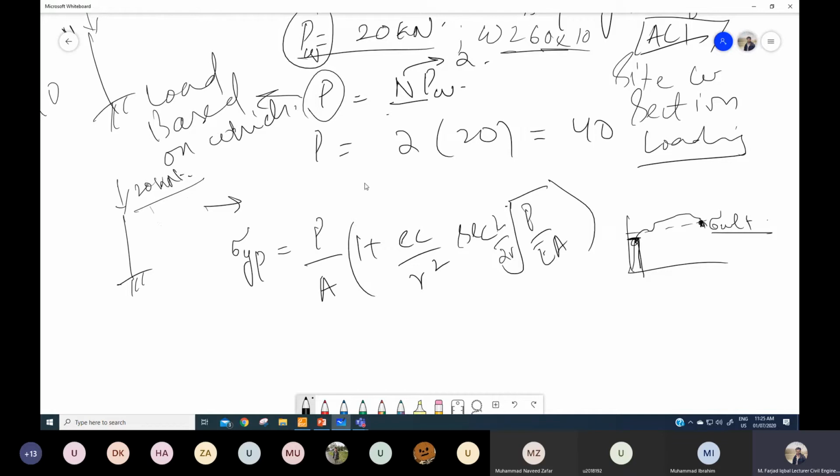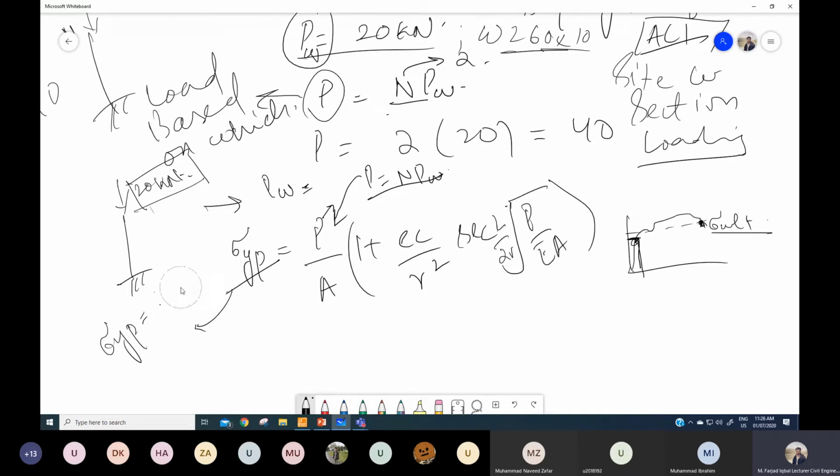Again, the load acting on the column is the load PW, the working load. It is slightly less than this P factor. So we will calculate the P factor by applying the factor of safety, then substitute this P load into this equation, and then we can tell him that the maximum allowable stresses in this column are, let's say, X, Y, Z, whatever value we get from this.